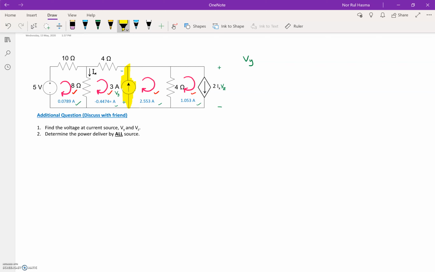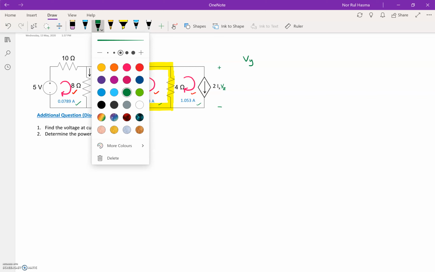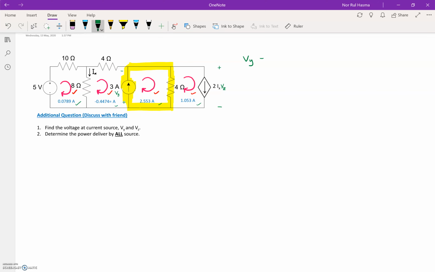The current source is parallel with the 4 ohm, as you can see in here. So it means that the Vy is equal to minus V at 4 ohm with an opposite direction.